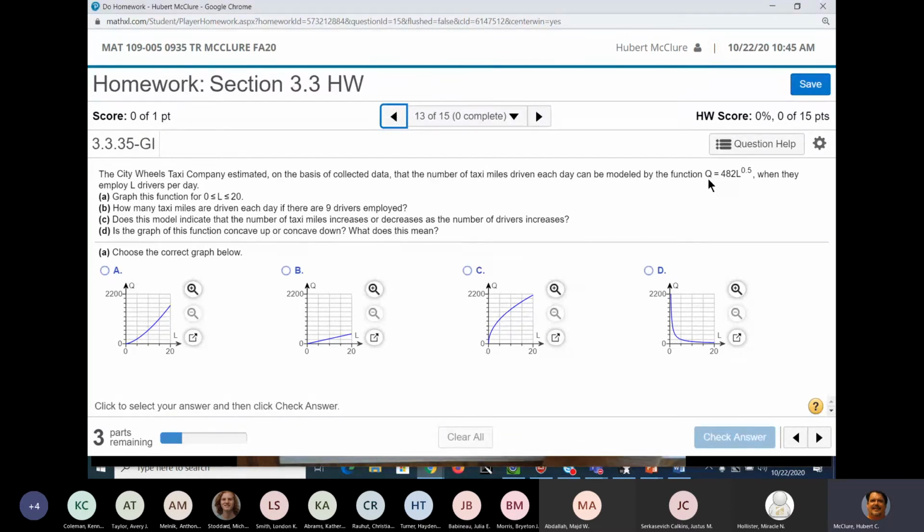So as the drivers increase, what does the Q do? What does the miles do? It's going to increase too. As L increases, Q is going to increase. So it's going to be one of those that are increasing, whether Alpha or Charlie. Probably going to be like Alpha.